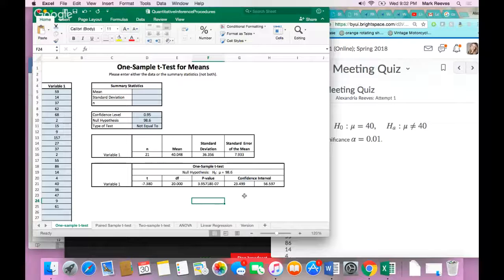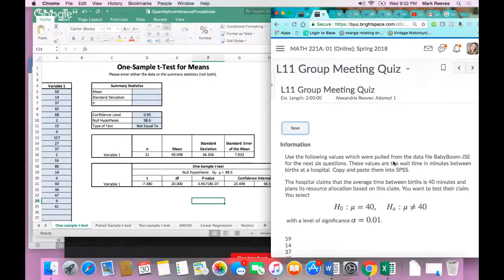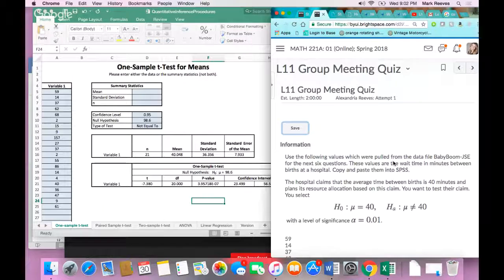But I mean, in the information, what did you put, greater than or not equal to? Oh, I have it set as not equal to, because that was what I'd done in the reading. I have no idea if that's right or not, though. Well, that is right because in the information it says the alternate hypothesis is that it doesn't equal 40.